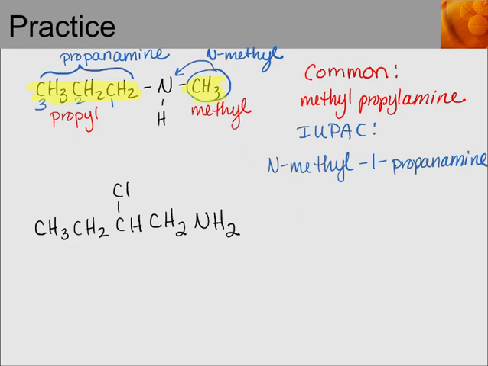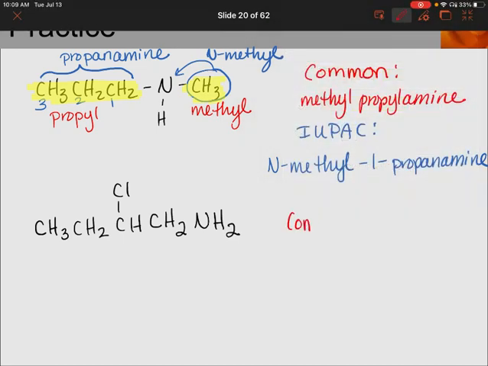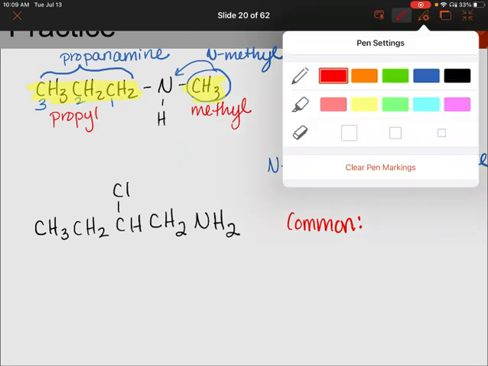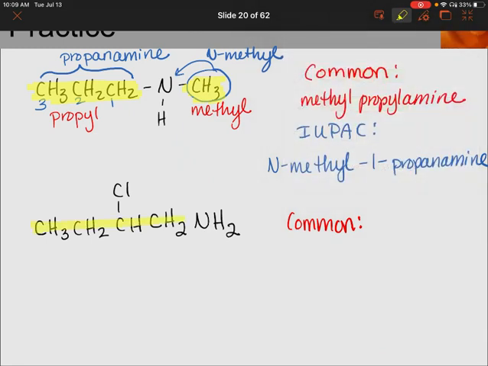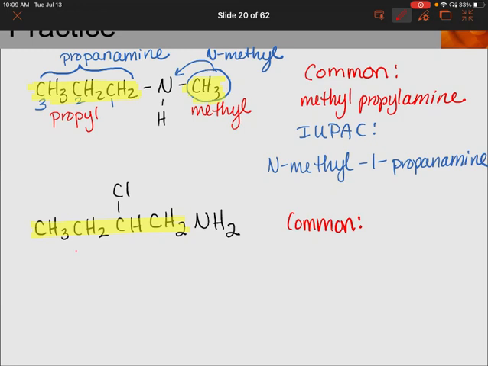Now let's look at the example down below. So let's start by using the common naming method. So we just want to list the groups that are on either side or just one side of the nitrogen. And in this case, there's only one alkyl group, this 4-carbon chain. And we're going to call that butyl.